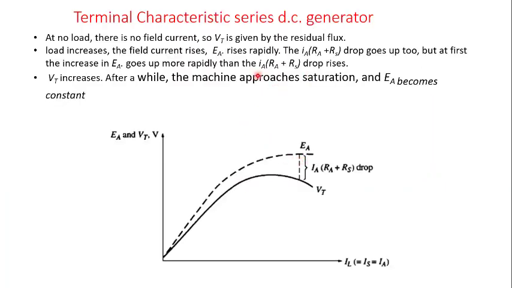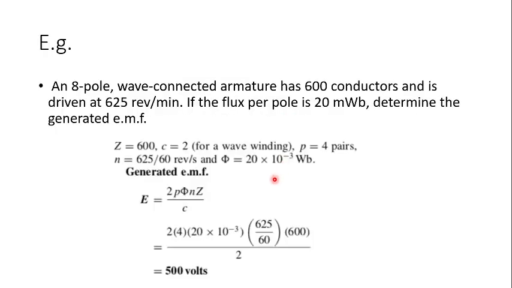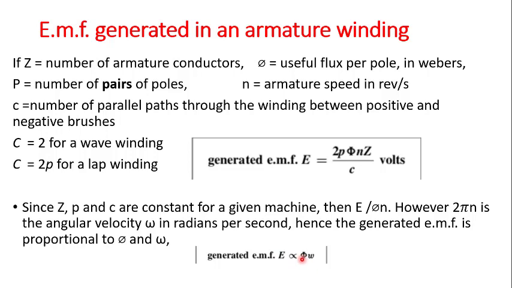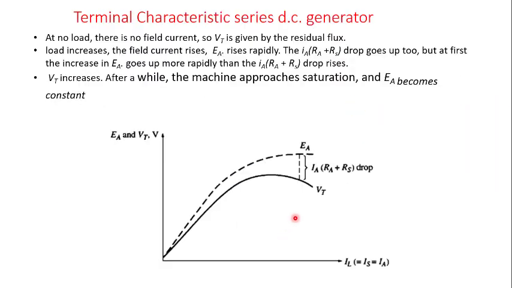And the armature current is the same current, because they are in series. So E_A rises rapidly, since the flux increases, because of the flux formula that I showed you in the previous slide. As the field current increases, the flux is proportional to it, so as the flux increases, E_A also increases rapidly.